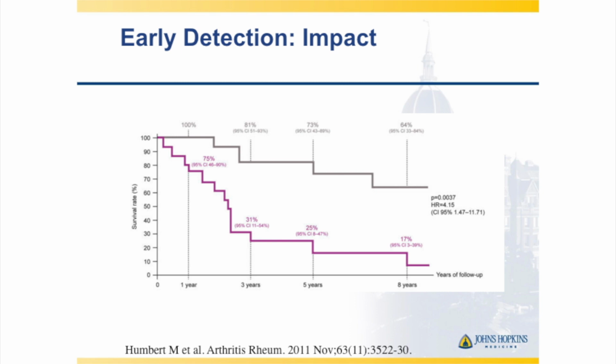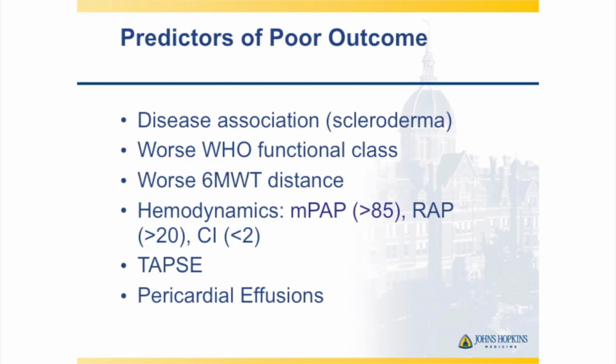So this is a survival curve of people who are in this more aggressive looking for pulmonary hypertension as compared to people who were not. And so this does tell us that if we look carefully and see these early signs, and we get people on therapy, this can improve how well somebody does.